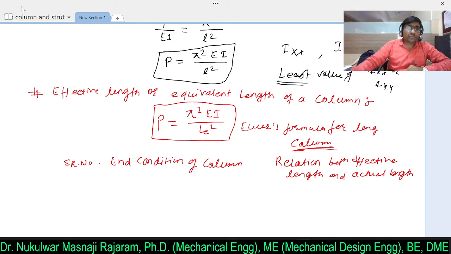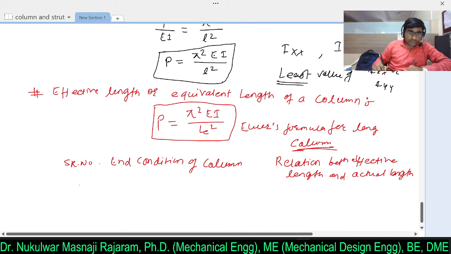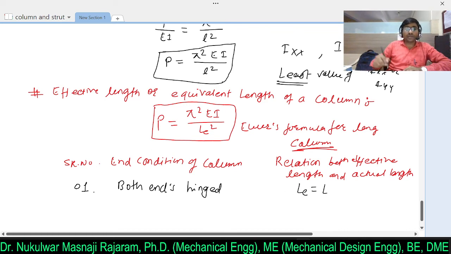Clear? So I will consider different conditions. So the first condition is both ends hinged, or we can say pin. At that time LE will be equal to L, as we have already defined. Effective length means when the column has both ends as pin joint or hinge joint.